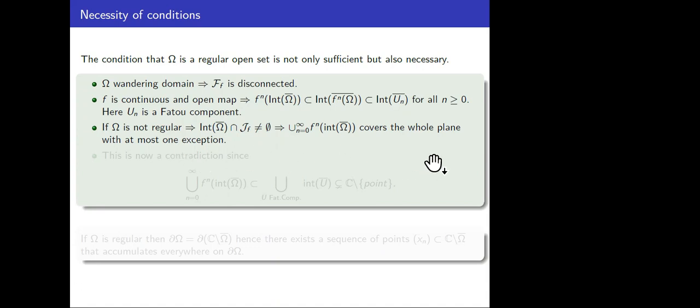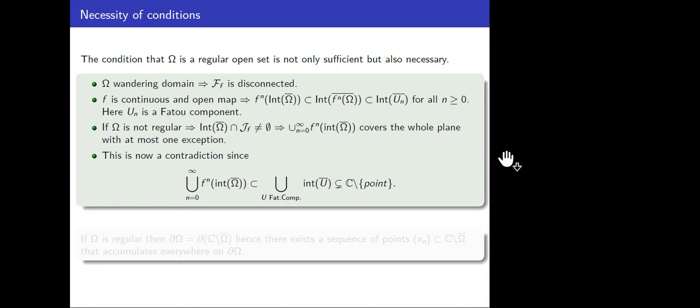Okay. But now this brings us to a contradiction, since if you take the union of these guys, you can see that they cover much less than everything. They cannot cover everything. That's what I'm trying to say. So being regular is also a necessary condition.